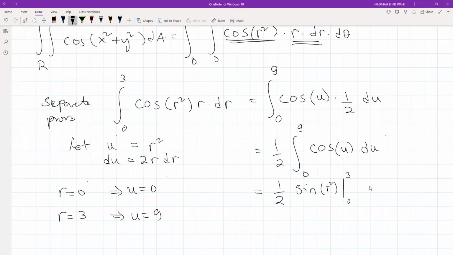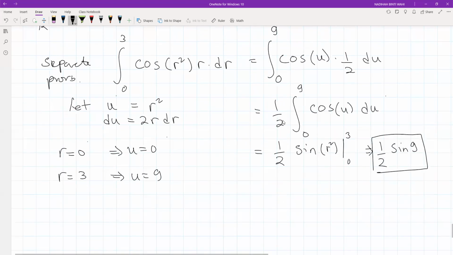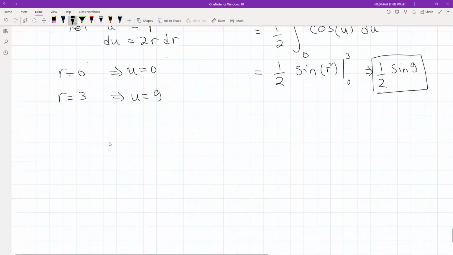Okay, so you can solve this. This is just a constant. So sine 0 is 0, so it will be 1/2 of sine 9. So we've finished with that. Then plug back in.